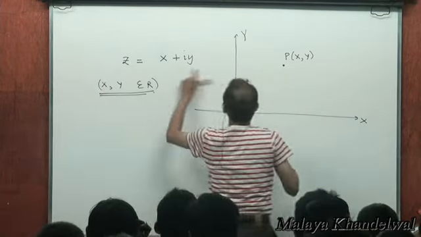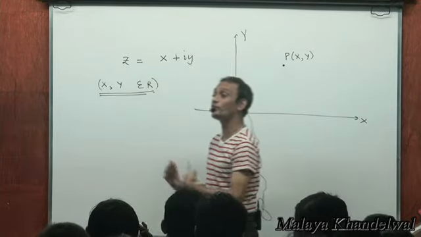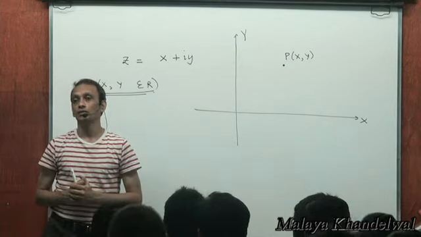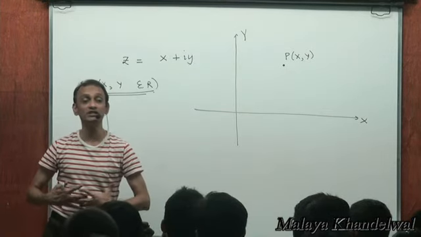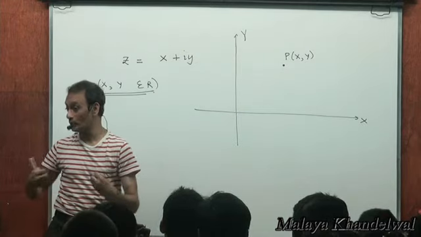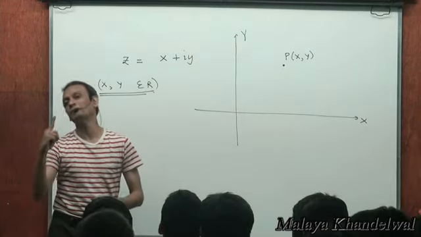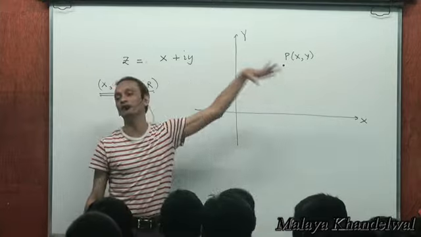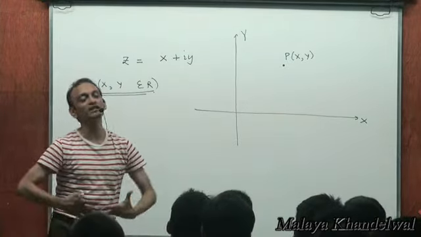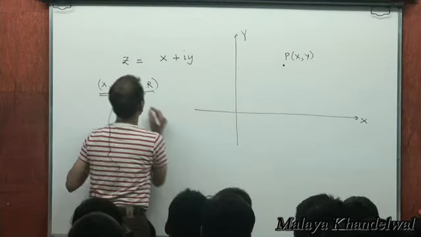So every complex number x plus iy has a one-to-one correspondence in the Argand plane. For every P in the Argand plane, there is a unique complex number z. For every complex number z, there is a unique point P in the Argand plane. This plane is referred to as an Argand plane.